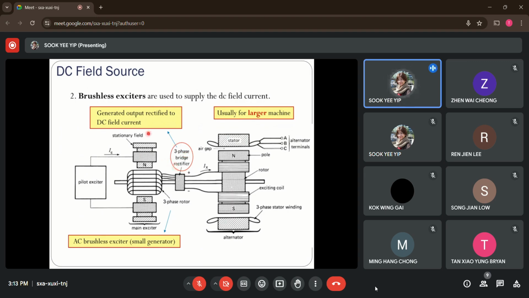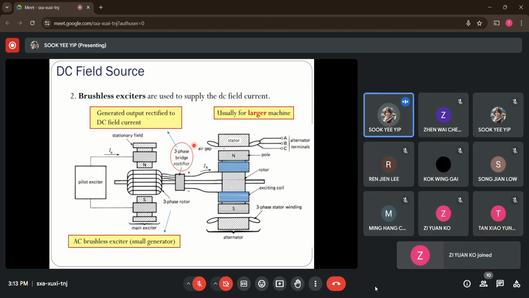The voltage is rectified into the DC field current IF and fed into the rotor. Basically, this is another way of supplying the DC field current through the rotor winding, and this method is used for larger machines that can generate much higher power values.